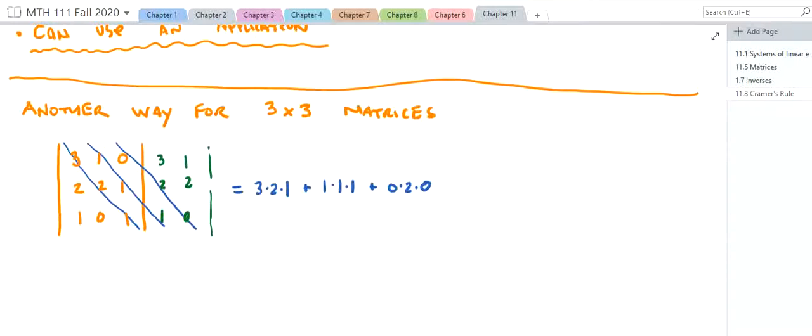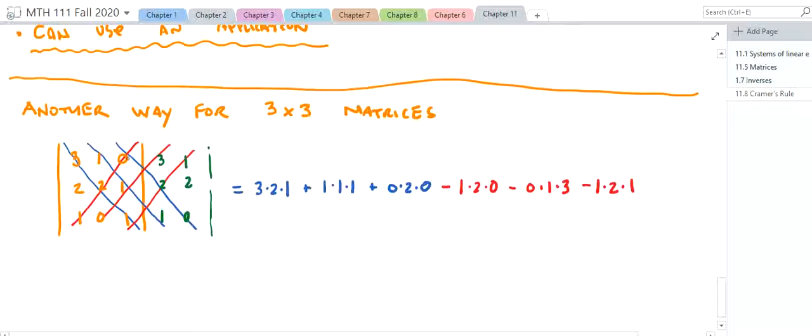Then you subtract the products of these diagonals. Whoops. Actually, start here with this one. So you always have three numbers, this one and this one. So it's minus, so 1 times 2 times 0 minus 0 times 1 times 3 minus 1 times 2 times 1.